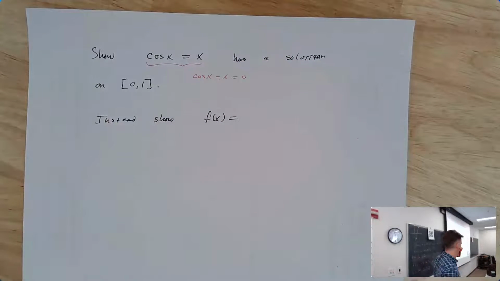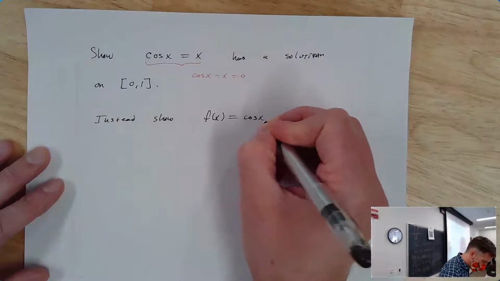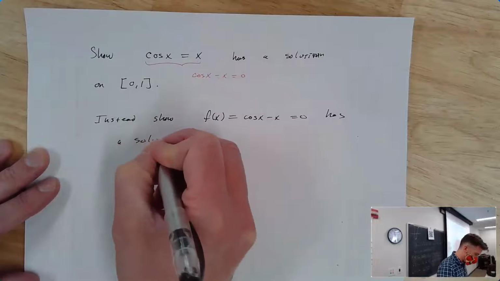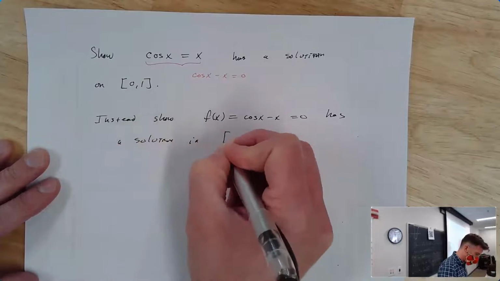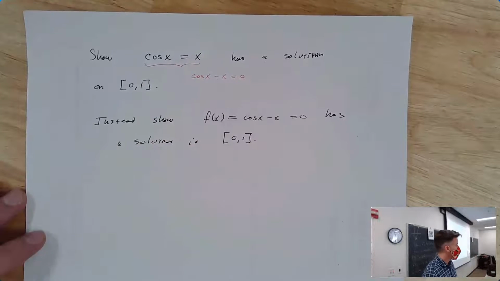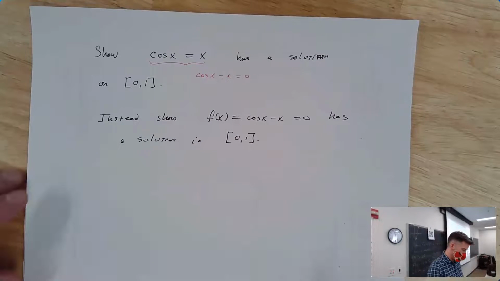It can either be cosine x minus x equal to 0, or x minus cosine x equal to 0. Either way is fine. To show that this has a solution in 0, 1.